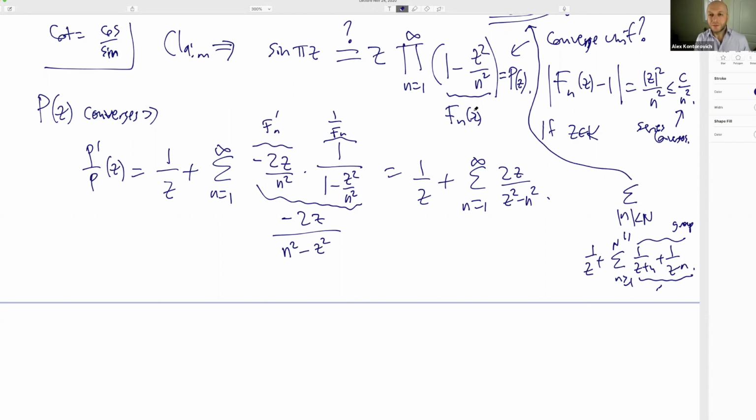No, I thought we were taking the derivative, so that was the z at the front. Yes, the derivative. You mean this 1 over z? I was talking about the derivative of the product. So I'm taking f prime of n? Yeah, shouldn't we multiply with the z at the front?